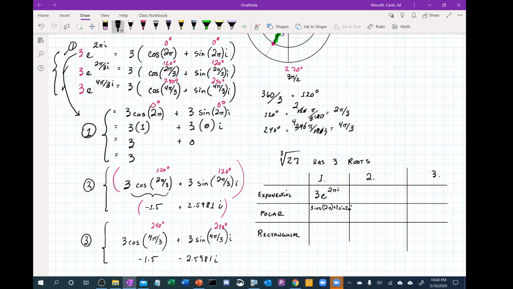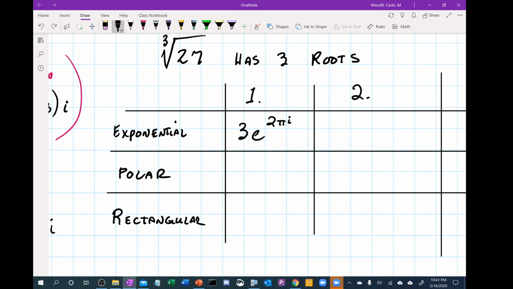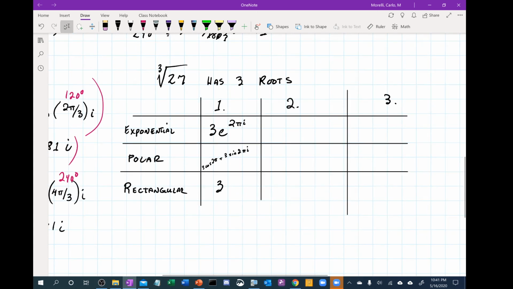In fact, let me zoom in here and write it at an angle. 3 cosine 2 pi plus 3 sine 2 pi i. And then the rectangular version of that was just 3, because it had an imaginary component of 0.